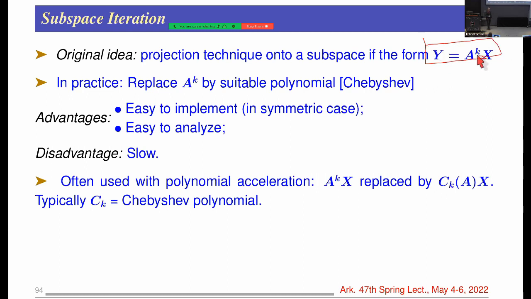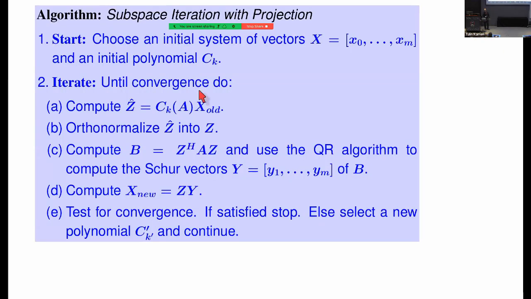Or more generally, instead of A to the power k times X, you could use p_k of A times X, where p_k is a polynomial. That's more general. It's a very simple procedure, and that is described here, okay?